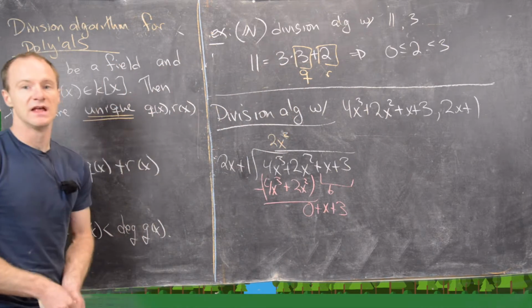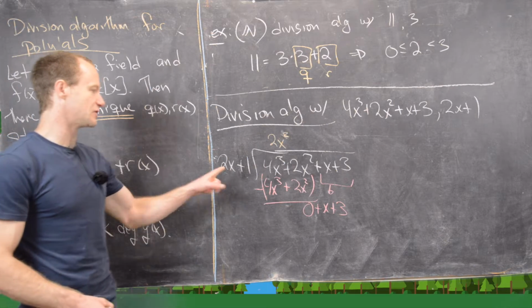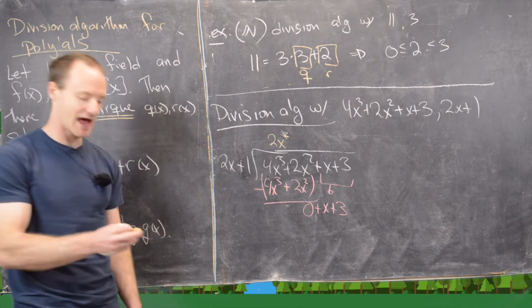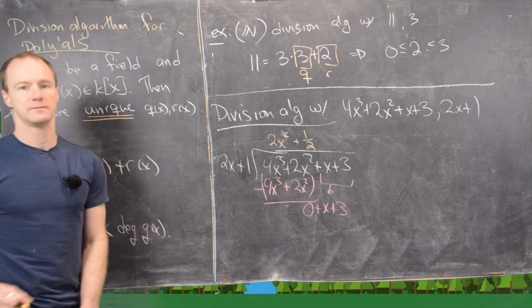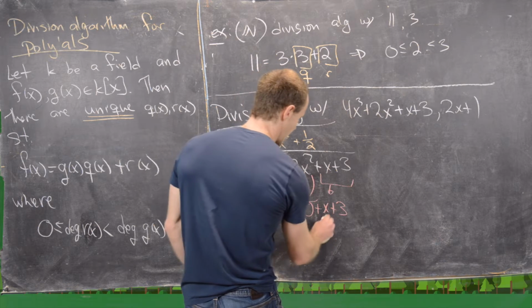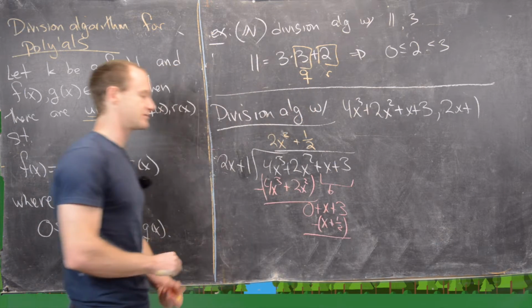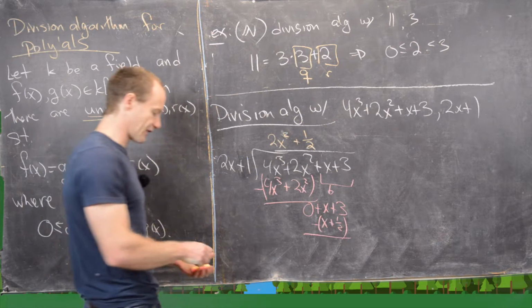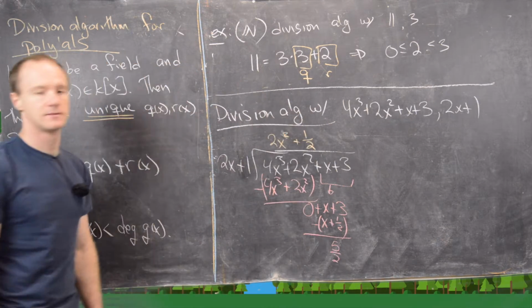Okay, great. Now we look at the leading term here, and we say, what do I need to multiply 2x by to make it into x? And that's going to be a half. Great. And that's going to give us x plus 1/2. As we move it down here, we need to subtract that. And notice that's going to give us 3 minus a half, which is 5 halves in the end.